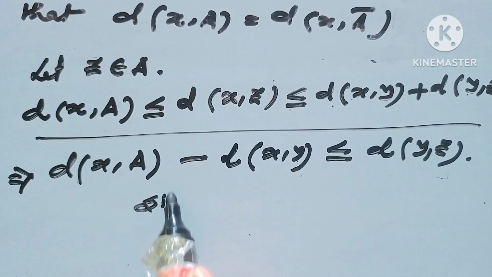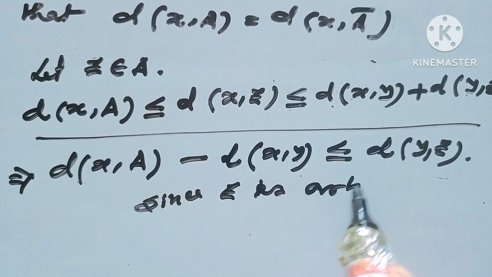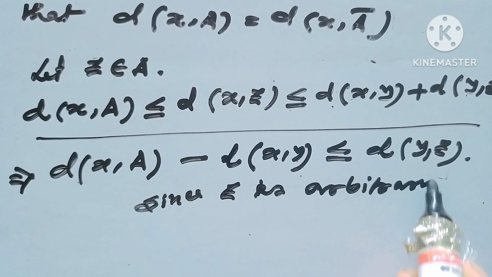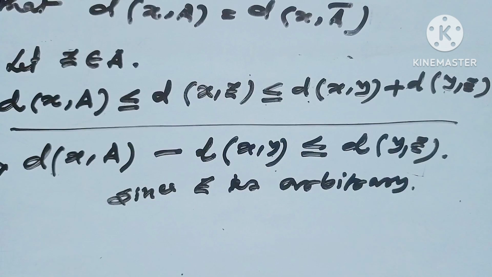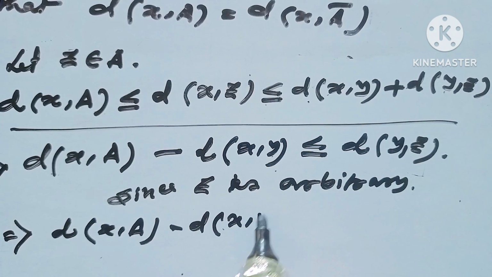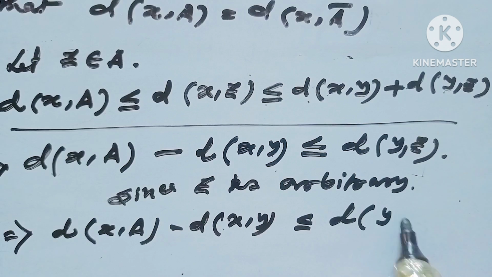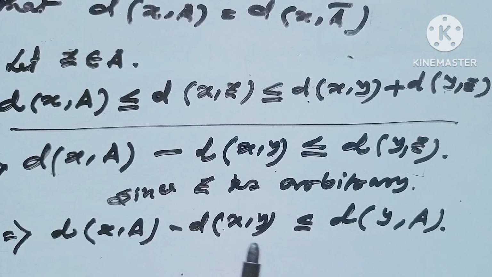Since z is an arbitrary point, this is also less than or equal to d of xA minus d of xy. This is also less than or equal to the infimum of d of yz, and the infimum of d of yz is nothing but d of yA.